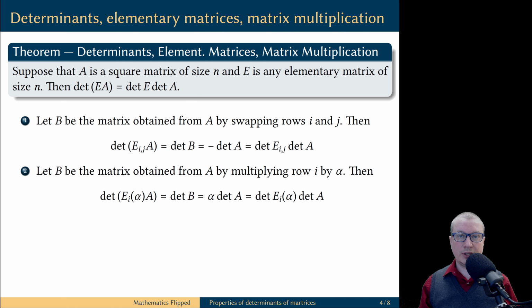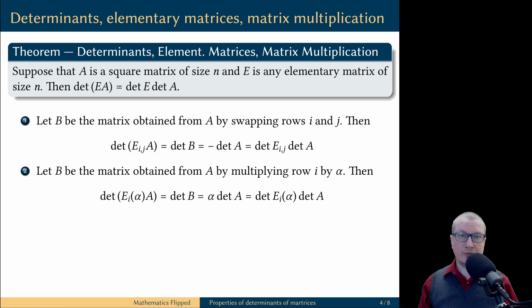Second, let's look at an elementary matrix which was obtained by multiplying row i of the identity matrix by scalar alpha. Let's perform this same row operation on the matrix A, and the result is the matrix B. Same idea as in the first part. The matrix B can be expressed as a product of the elementary matrix and the matrix A. On the other hand, matrix B was obtained from A by scaling one row by alpha.